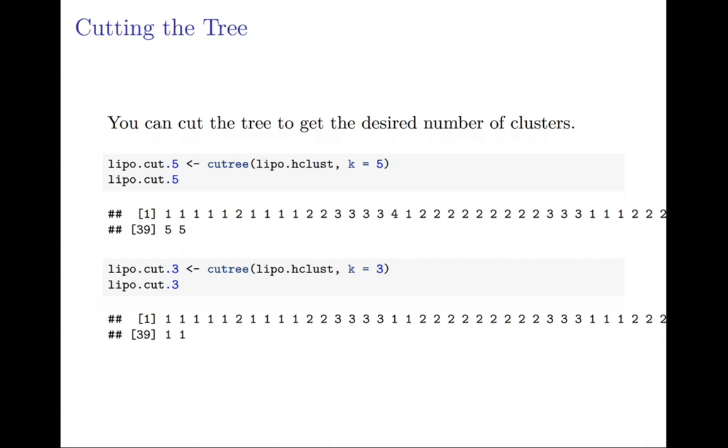So you use the cutree function and say you want 5 clusters like we had previously with k-means. You would just take your hclust output and then specify the number of clusters, and then you get your output of which accession is in which cluster. You can do the same thing where you want your clusters to be 3, and it finds that level of the tree where we will get 3 clusters out of how things formed.